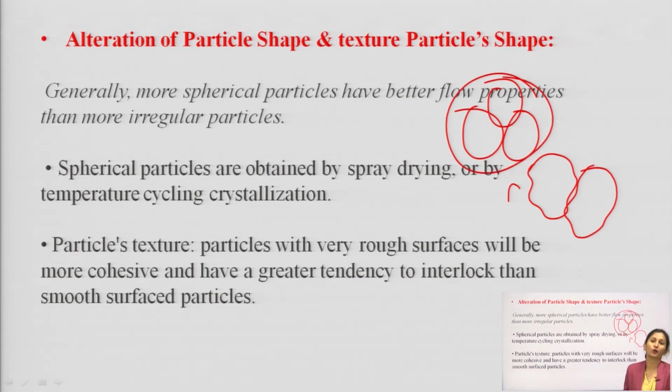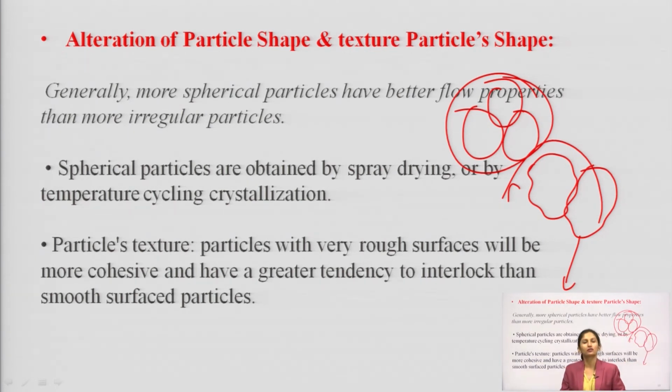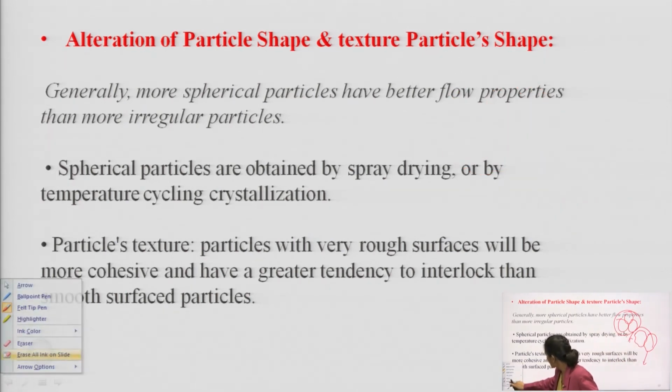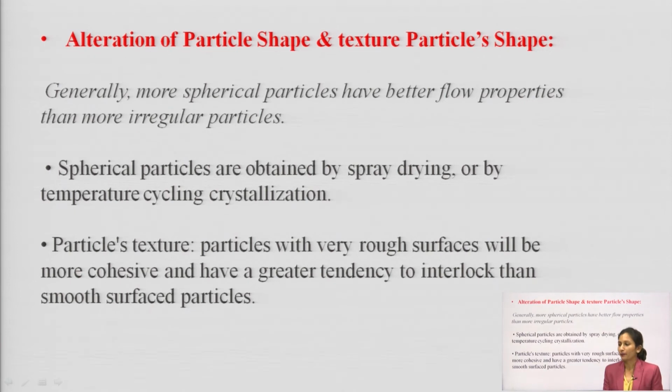अगर फ्रिक्शन नहीं होगा तो आराम से आसानी से पाउडर मूव कर जाएगा। लेकिन अगर एसिमेट्रिक, हमें पता है हमारे पाउडर पार्टिकल्स इरेगुलर शेप के भी हैं, एसिमेट्रिक भी हैं, तो उनमें फ्रिक्शन है जिसकी वजह से फ्लो प्रॉपर्टी अच्छी नहीं होती। So particle shape and particle texture is also playing an important role in the case of powder flow properties. So generally more spherical particles have better flow properties than more irregular or asymmetric particles.